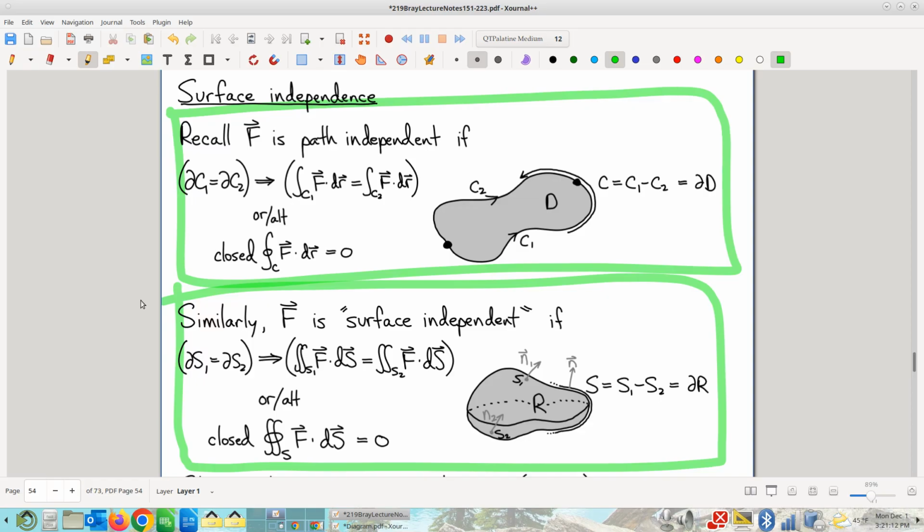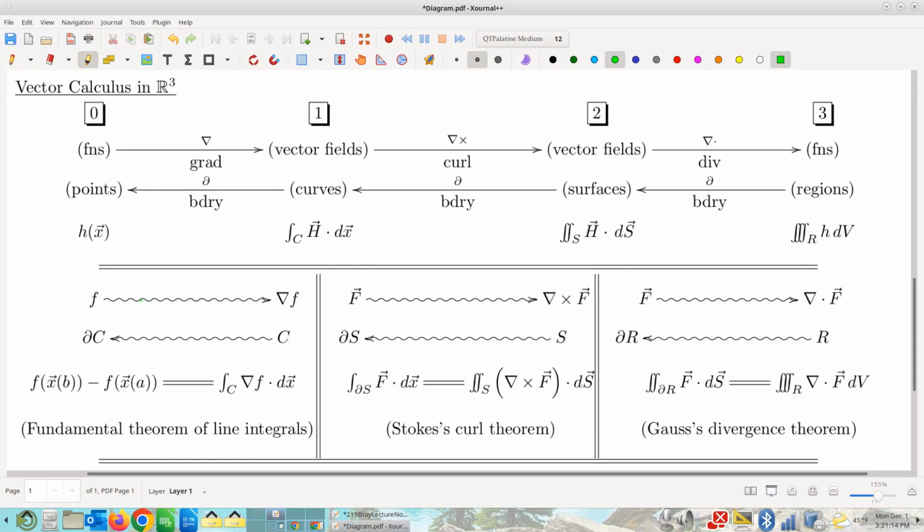Now, I like to see this kind of thing on the diagram as well. As y'all know, I'm a big fan of the diagram. This comes from a very legitimately natural place that's not something we can talk about in this course. The mathematically best, most powerful, most sophisticated way to treat all of this material is with differential forms and chain complexes and co-chain complexes, and it's all powerful and awesome and not appropriate for this course.